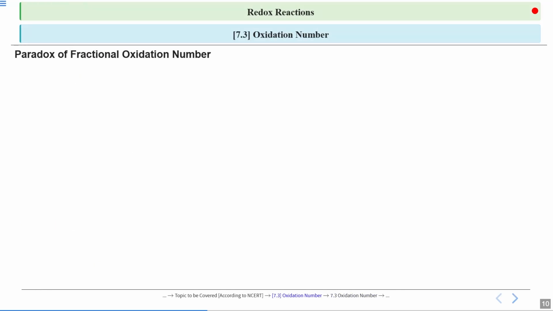In the next example, example 2, you are given Br3O8, that is tribromo octa oxide.